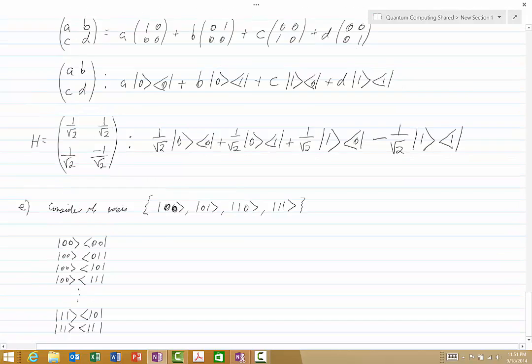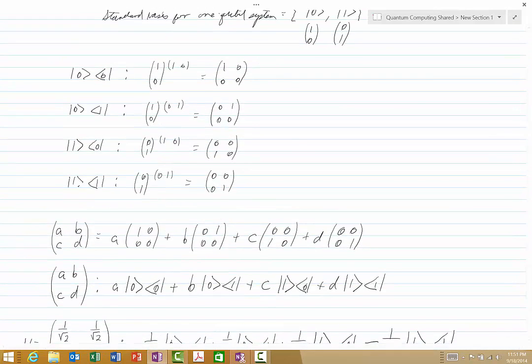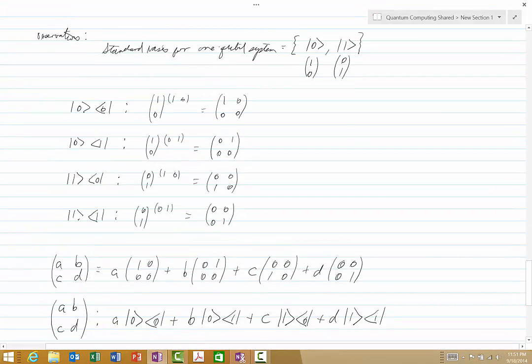Just like here, when we did the 1-qubit system, we got 4 2 by 2 matrices, and each one of those was 0 in all of its entries except for one entry, and in that one entry it had a 1.